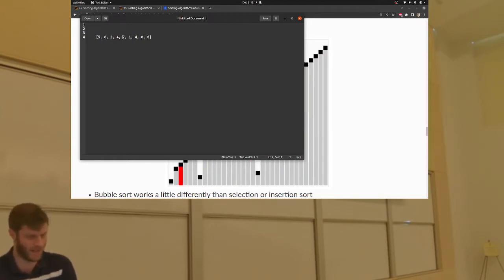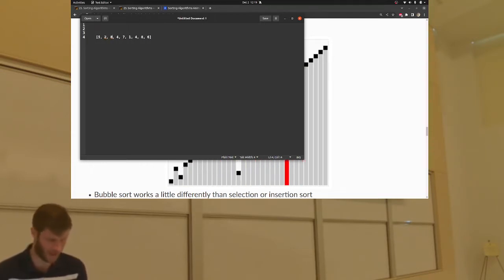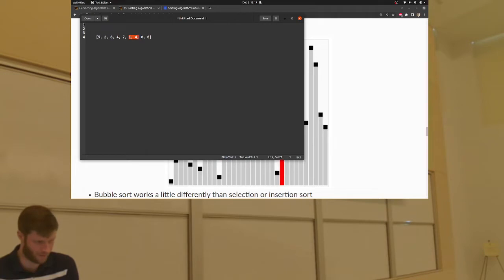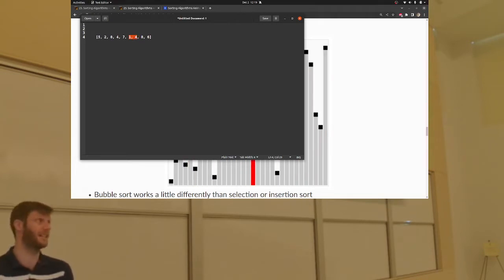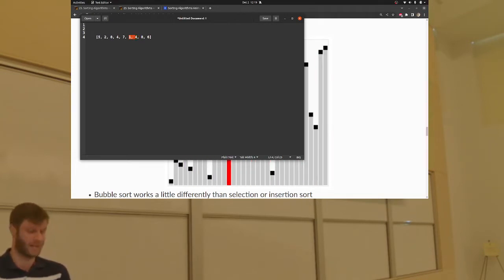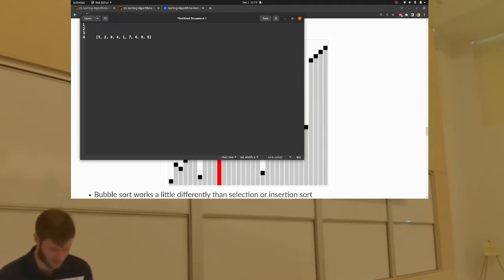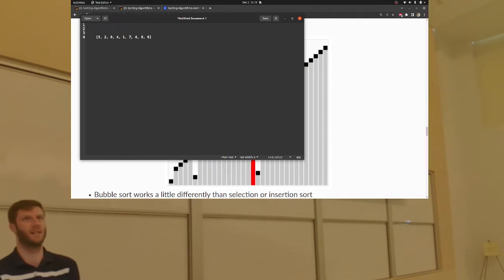The 8 and the 2. Okay, let's do 2, 8. Anything else? 1 and 5. Well, there is no 1 and a 5. We're only looking at adjacent things. They have to be right next to each other. 1 and 7. Okay, 1, 7. What else? Anything else out of order?